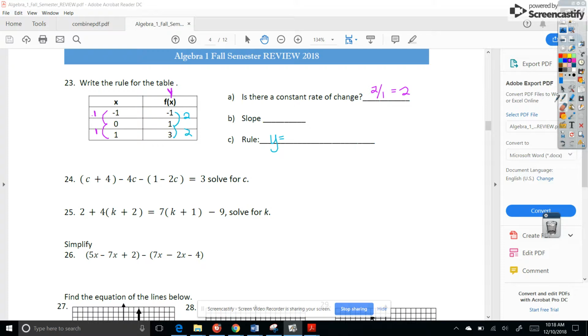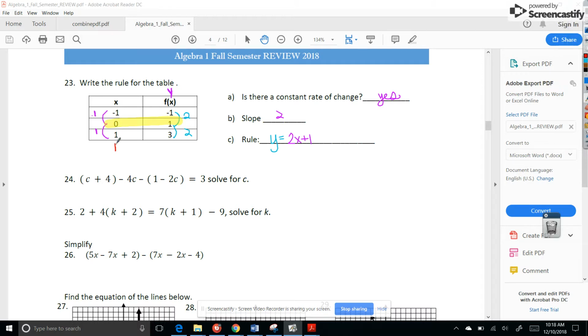Is there a constant rate of change? Yes. My slope is 2. My y-intercept is 1. I can tell because the 0 is x. So 2x plus 1. So this should work. I should be able to plug in every x and get the correct y.